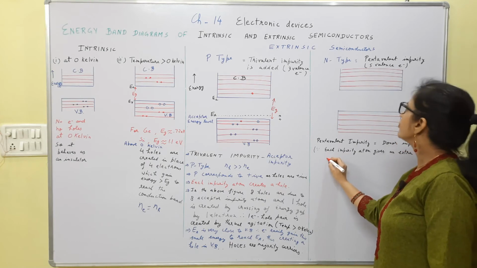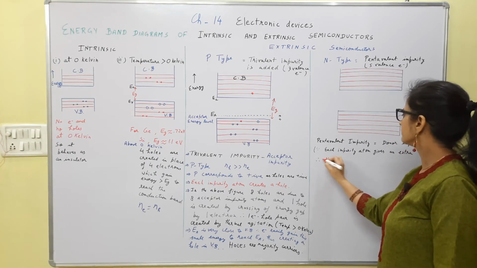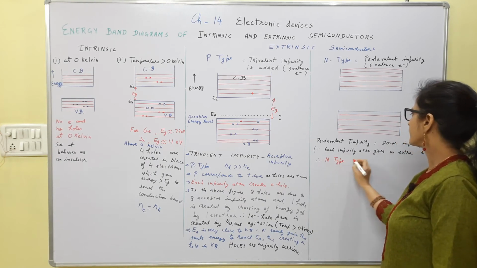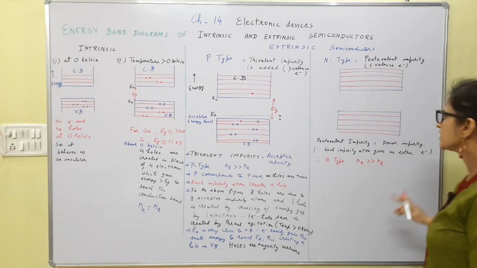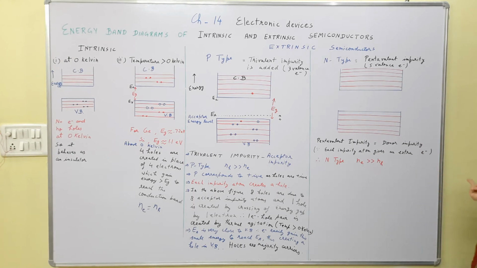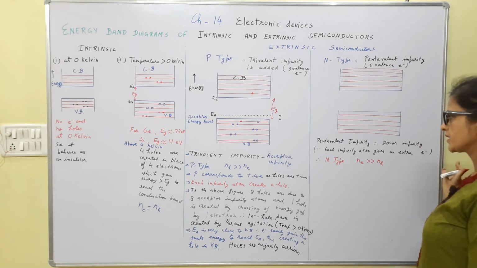Now, therefore, in n-type, the number density of electrons is very much greater than the number density of holes, right?